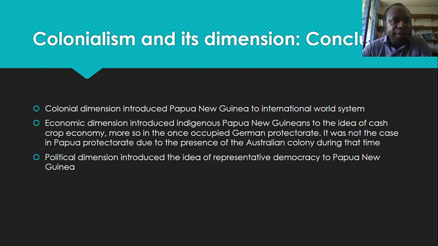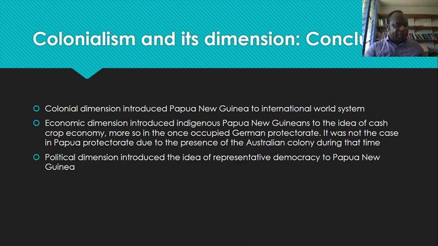After World War One, the British took over. Now, it was the economic dimension that introduced indigenous Papua New Guineans to the idea of a cash crop economy, more so in the once occupied German protectorate. It was not the case in the Papua protectorate due to the presence of the Australian colony during that time.